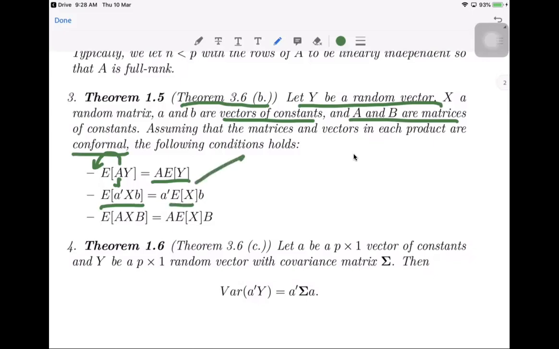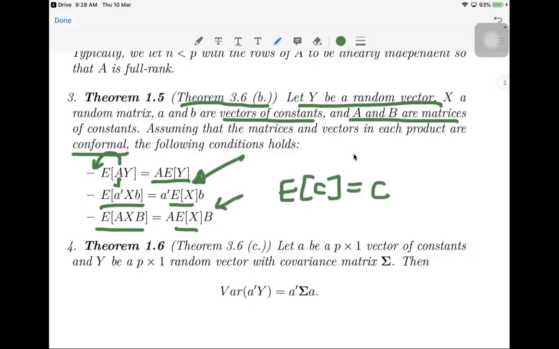So what you will get is just the expectation of your random matrix. And if you have this, the expectation of AXB is just A times the expectation of X times B. So the expectation of a constant is just equal to the constant, no?